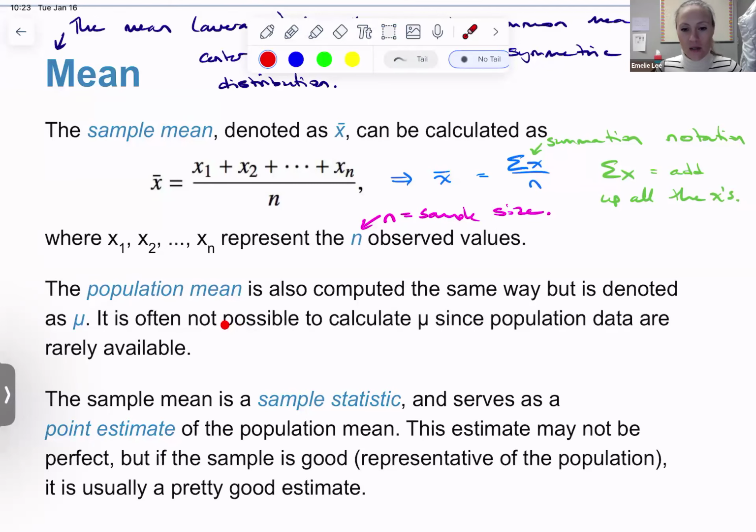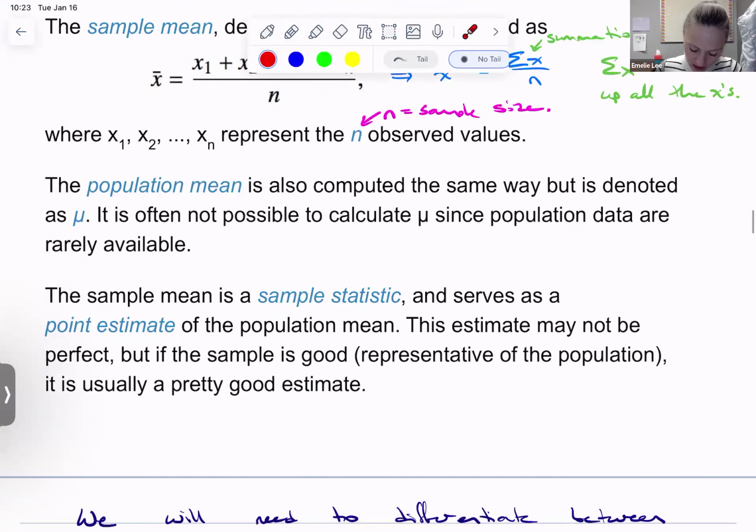So the sample mean is a sample statistic, and we're going to start calling it a point estimate. Especially later in the course, we're going to talk about a point estimate of the population mean, basically meaning it's our best guess at what the population mean is.